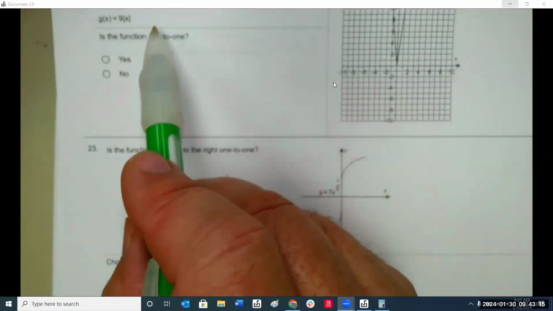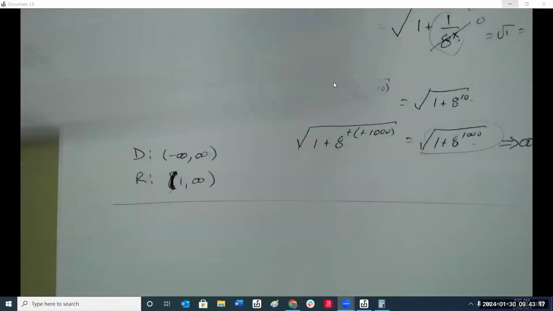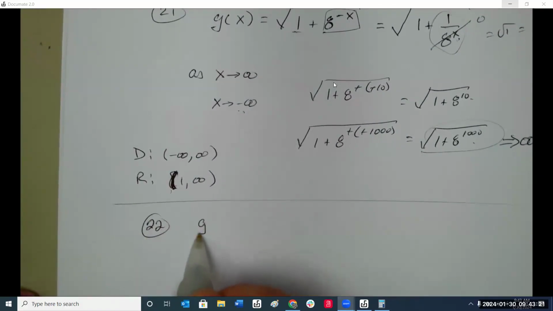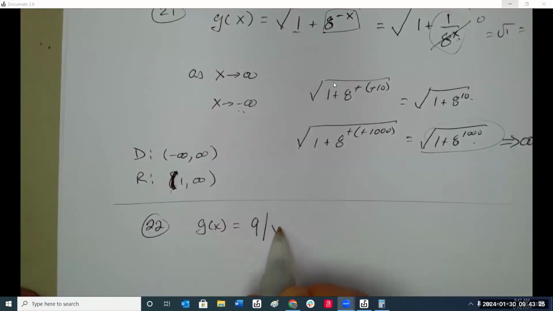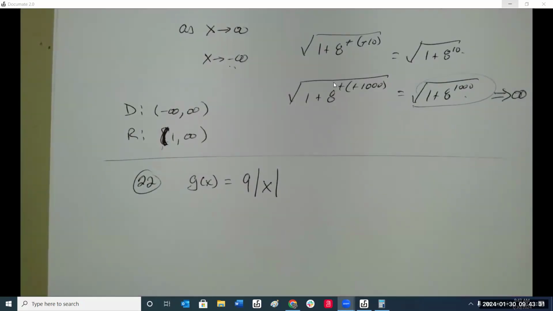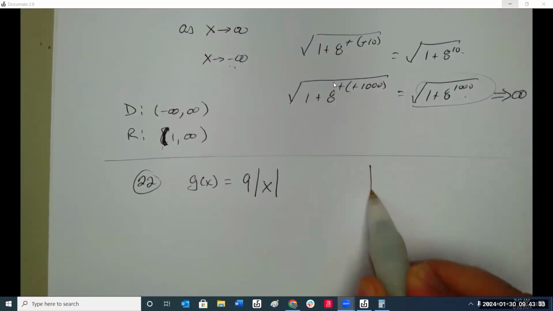Determine if the function is 1 to 1. g of x is equal to 9 absolute value of x. Is this function 1 to 1?